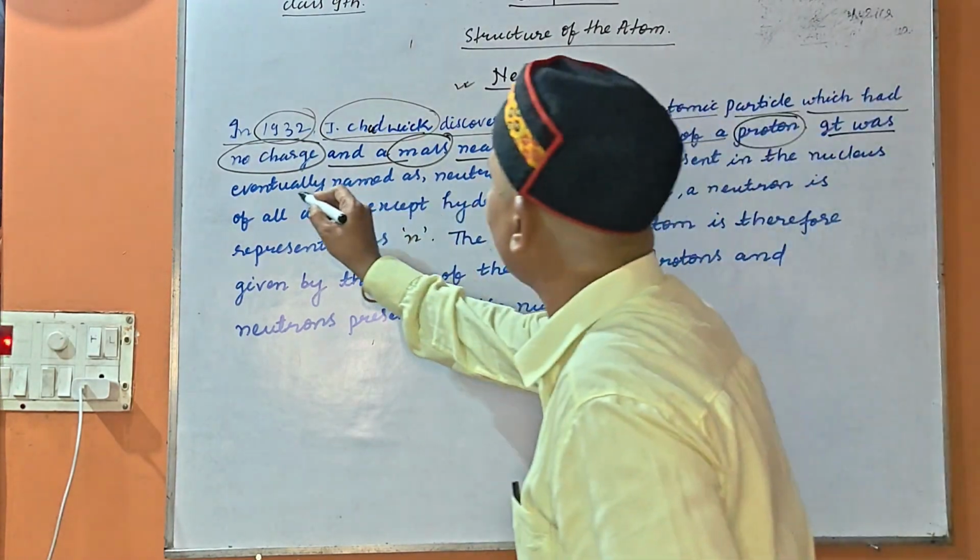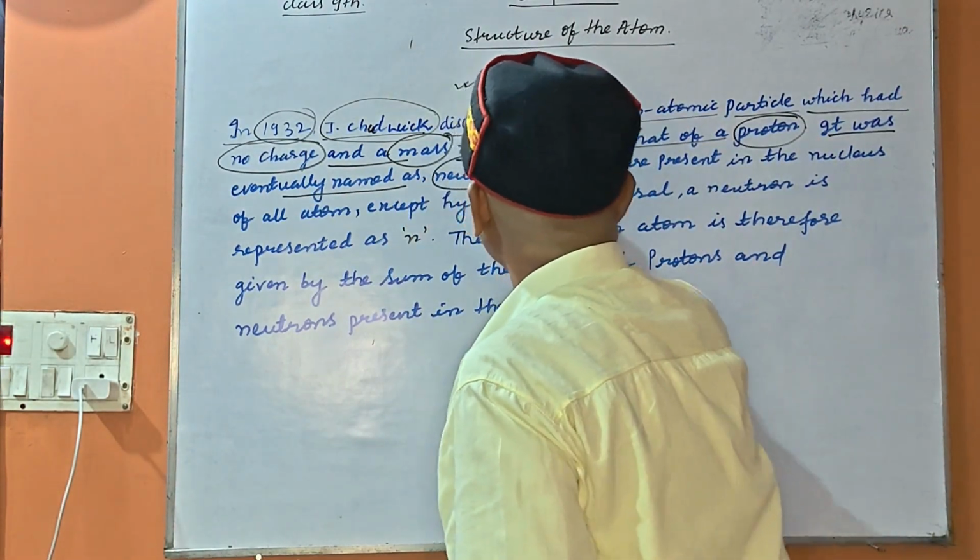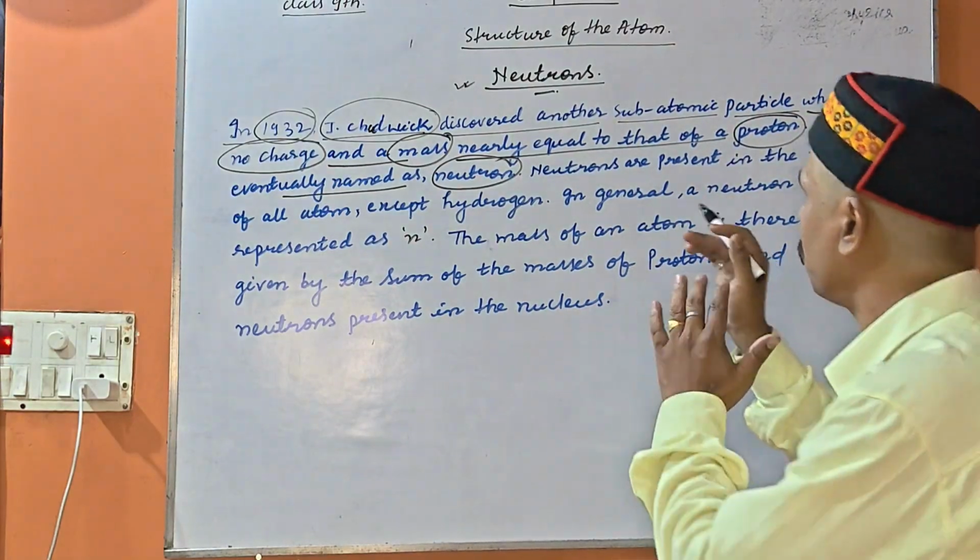It was eventually named the neutron. The name was given by J. Chadwick.